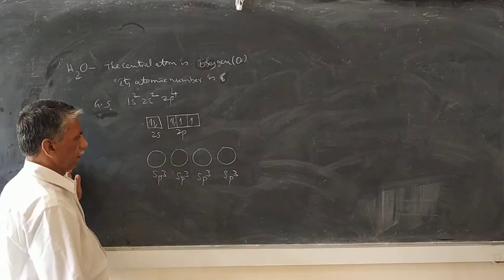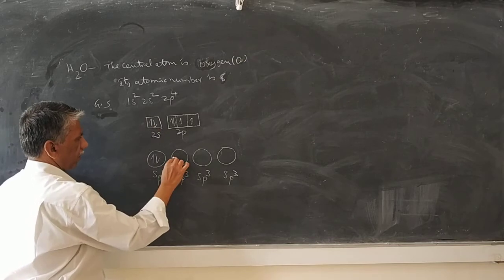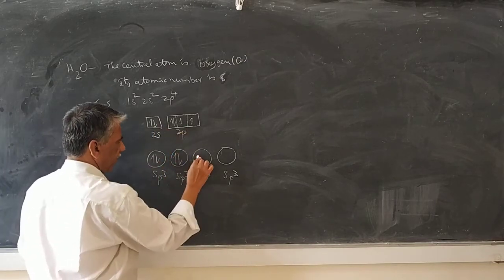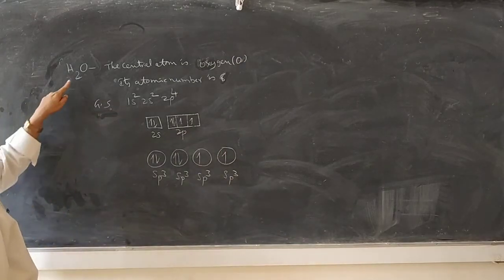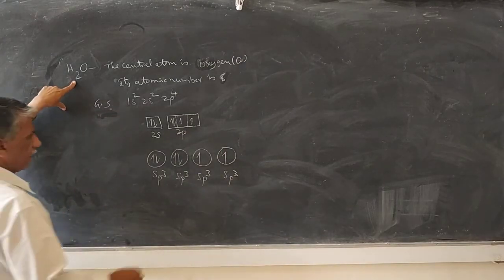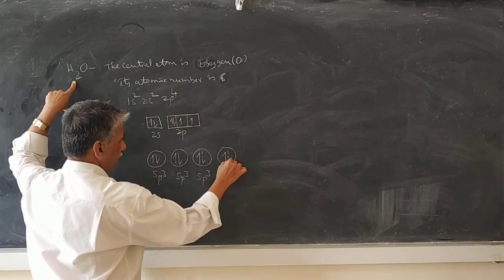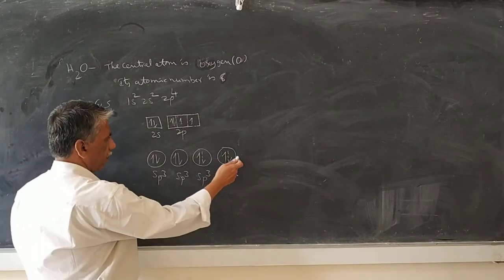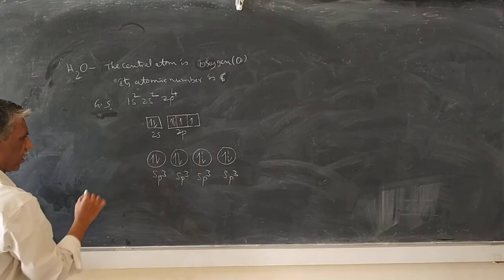One contains a lone pair, another contains a lone pair, and these hybrids have a single electron each. Now the electron of a hydrogen atom joins here, and the electron of another hydrogen atom joins here, and like this the H2O molecule is formed.